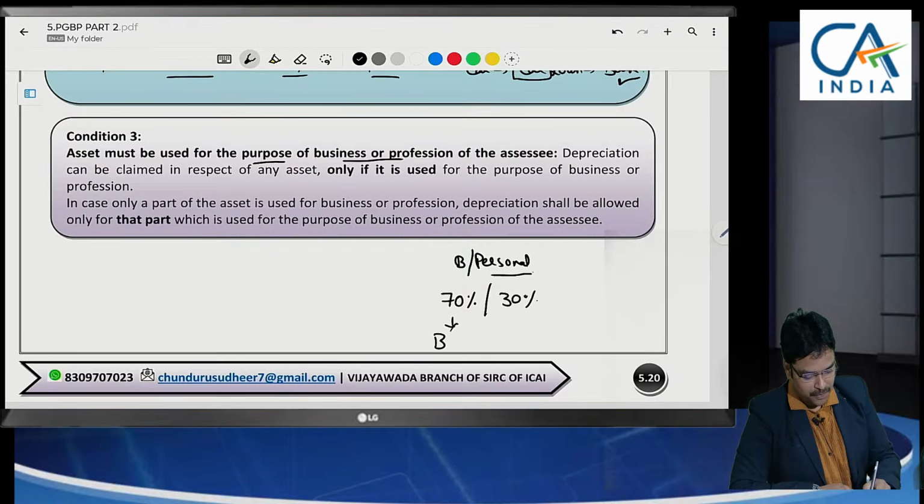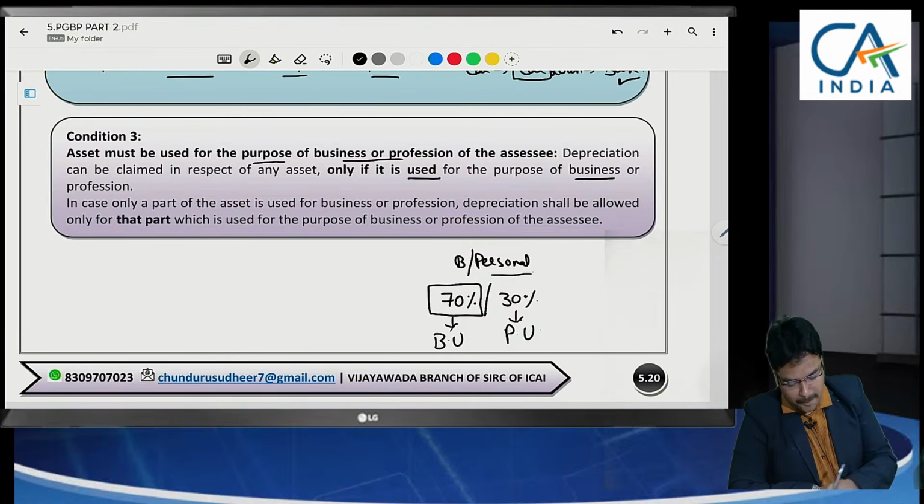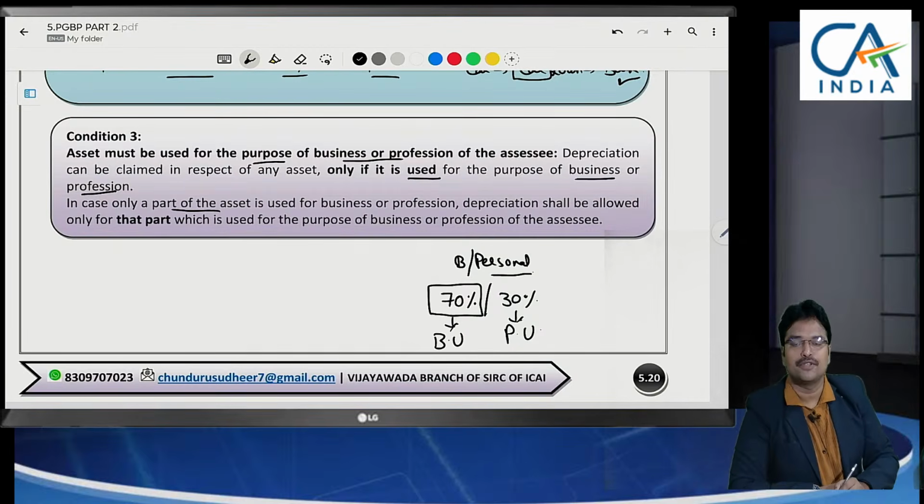Let us assume for business use I am using 70%, for personal use 30%. Now, among the depreciation only 70% is eligible to claim. So, in order to claim depreciation, the asset has to be used for the purpose of business or profession. If only a part of the asset is used, then for that part only we can claim depreciation.